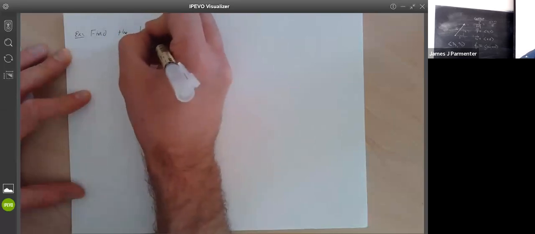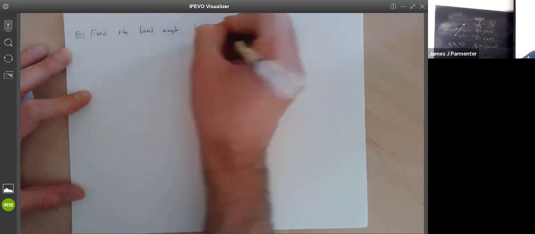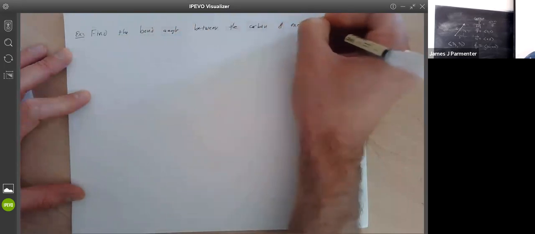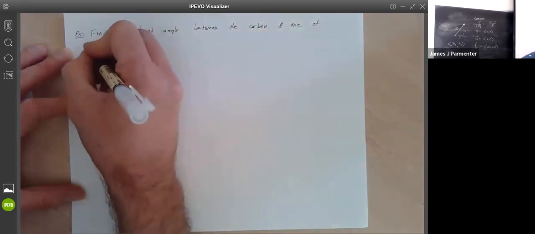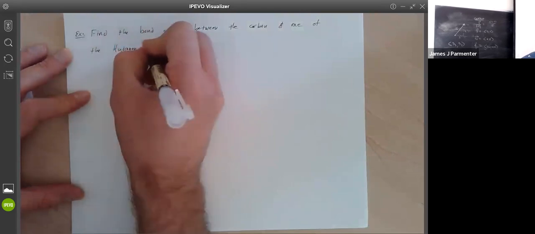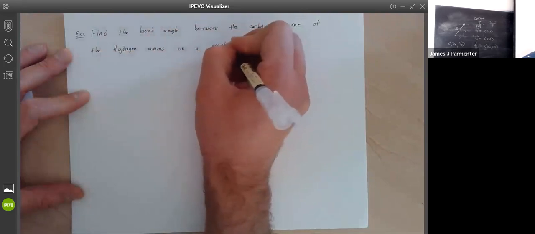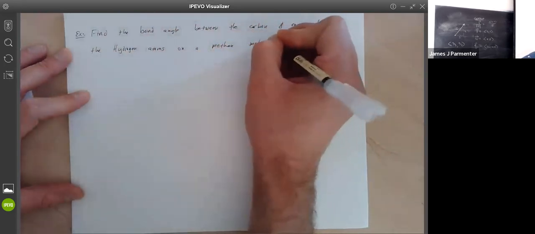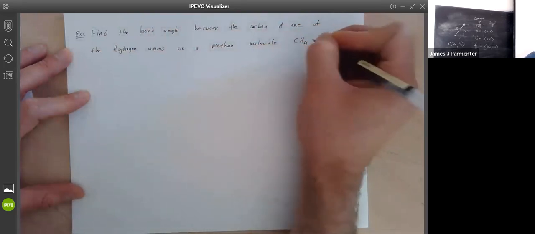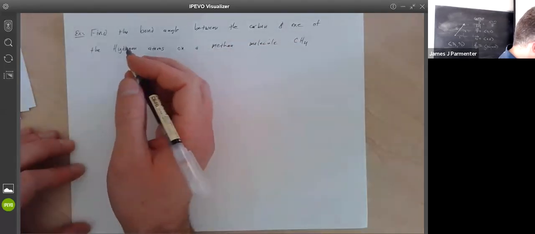Find the bond angle between the carbon and one of the hydrogen atoms on a methane molecule, which is CH4.